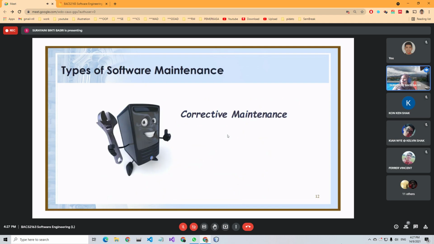Now we will learn about the types of software maintenance. There is corrective maintenance and adaptive maintenance. Adaptive is when we need to adapt to the hardware just now, like from the desktop browser to the mobile browser, or when our client uses a new OS that is not compatible with our current system, so we need to adapt to the new OS.